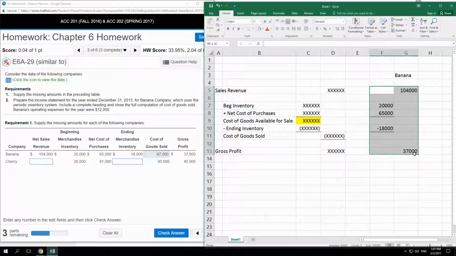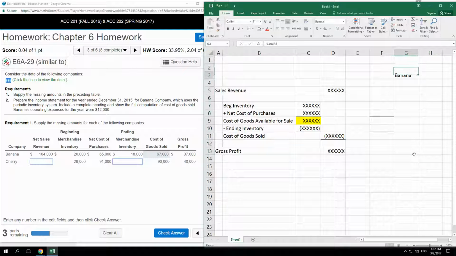So I'll take out my numbers here, and I'm going to do Cherry. Okay, so for Cherry, they do not give me the sales revenue. That's one thing I'm solving for. They give me the beginning inventory of 26,000. They give me the purchases of 91,000. They do not give me the ending inventory, but they give me cost of goods sold.